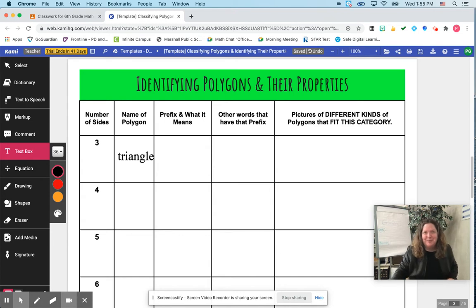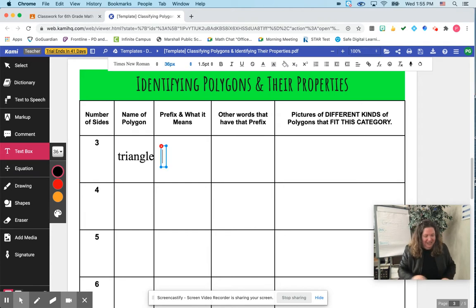That's hopefully a review. Okay, now let's look at the prefix. What does the prefix of triangle mean? The prefix is the part of the word that starts at the beginning, and it has its own meaning. The prefix is TRI. What does it mean? It means 3.